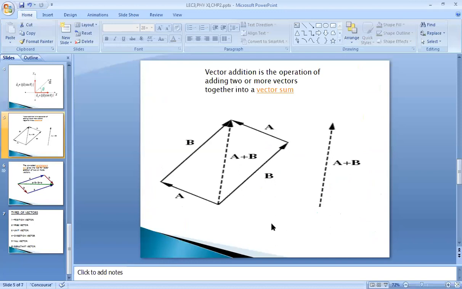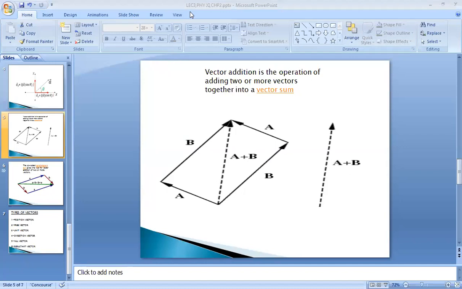Here you can see these two vectors clearly, and we have drawn B parallel to this and A parallel to this. So when we add them, you can see the two ways clearly.